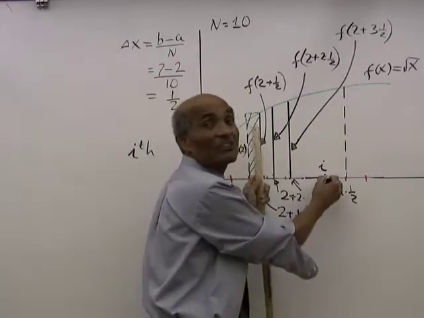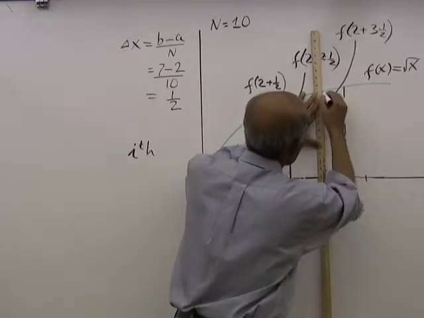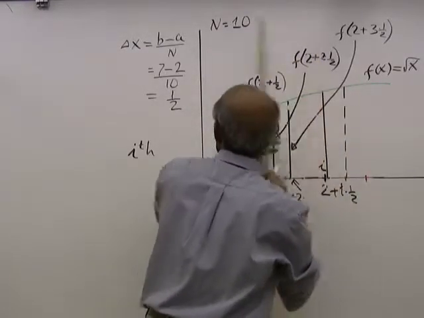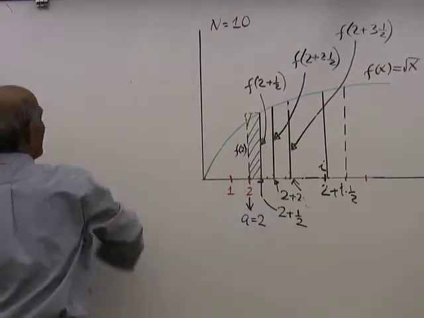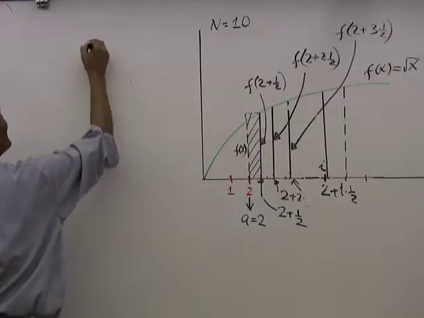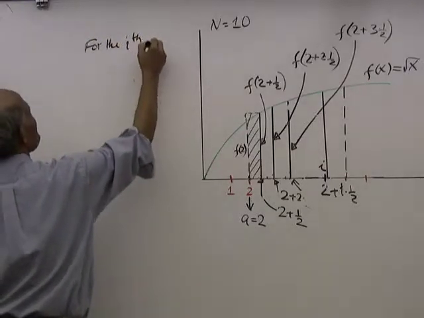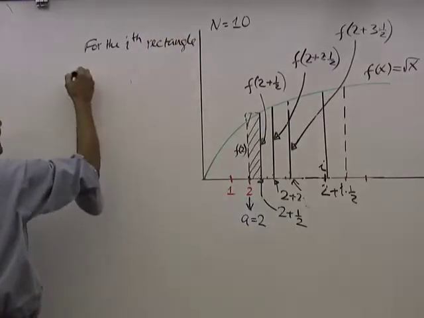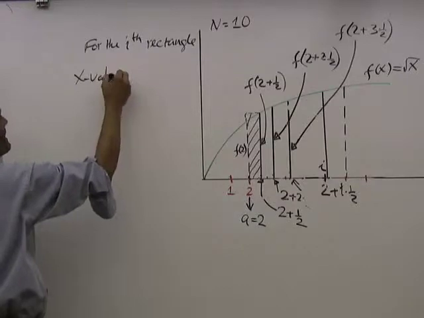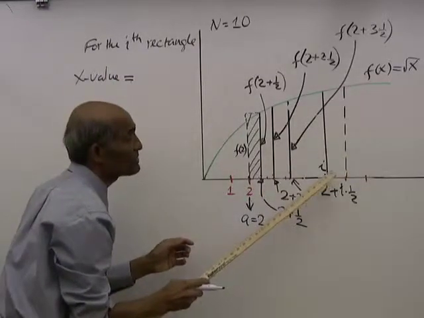So for the ith rectangle, I'm going to write it down over here. Let's write down, for the ith rectangle, the x value will be, what is the x value for the ith rectangle?